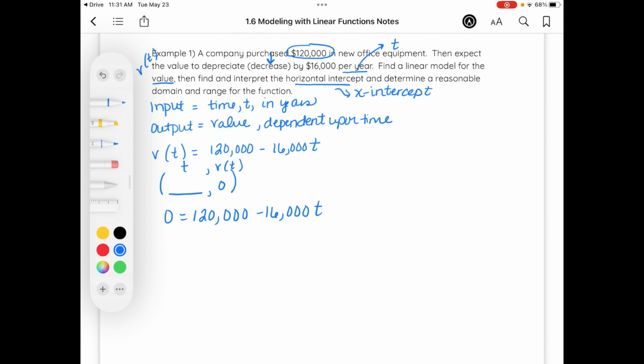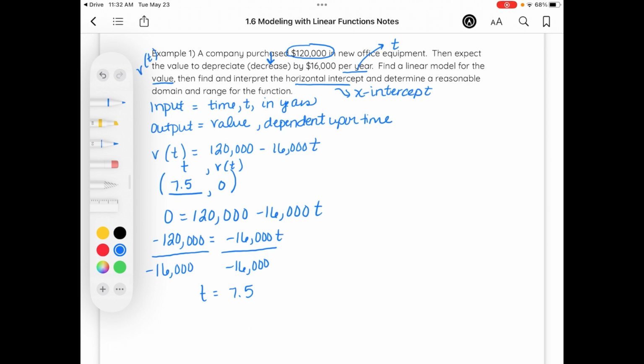$0? So when I subtract 120,000 and divide by negative 16,000, t equals 7.5. This tells me that it will take 7.5 years to have a value of $0.